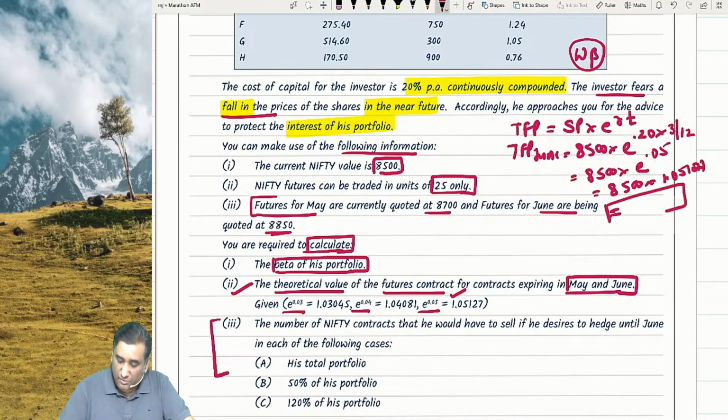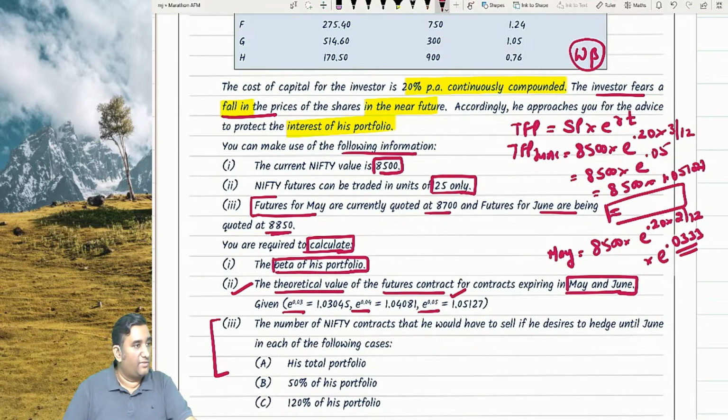That value would not be a challenge at all. When you calculate for May, the problem is it gives 8500 into 0.05 into 2 months by 12. The problem is that the value is not given. Even if you know, the calculator does not know the formula to calculate.